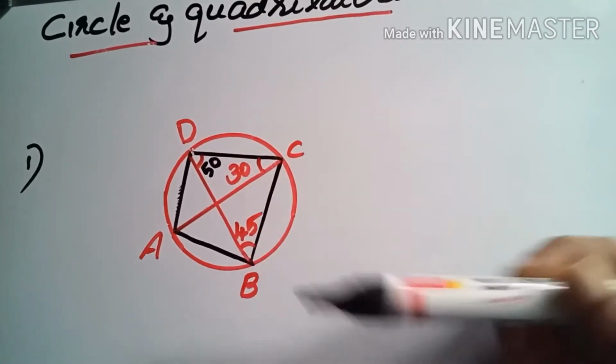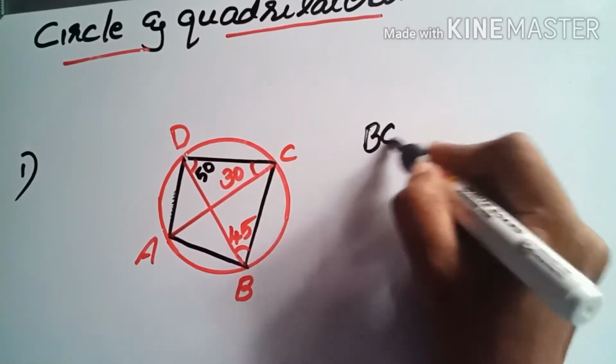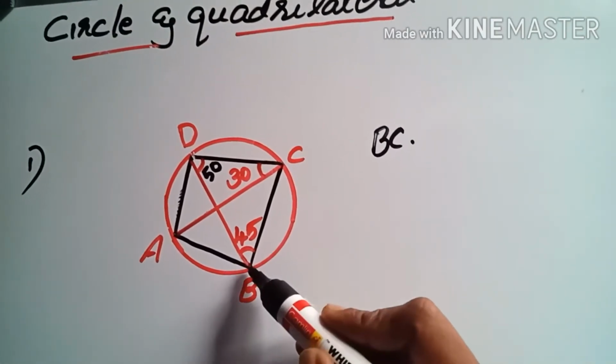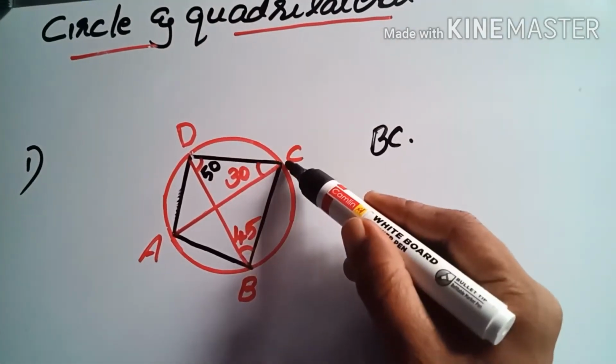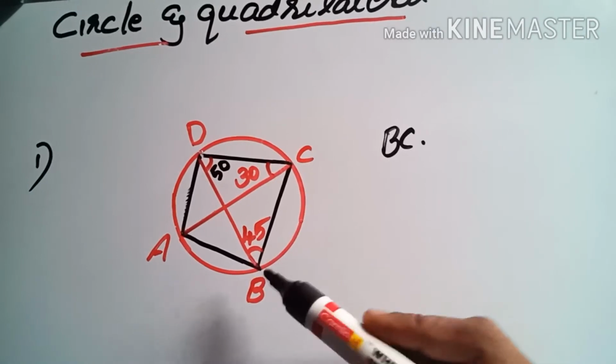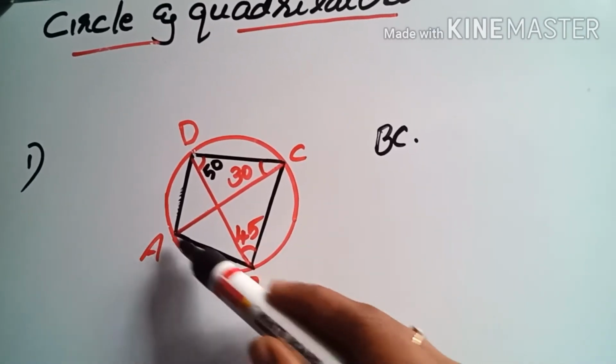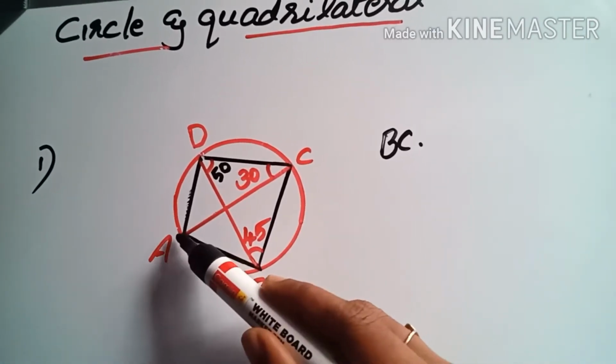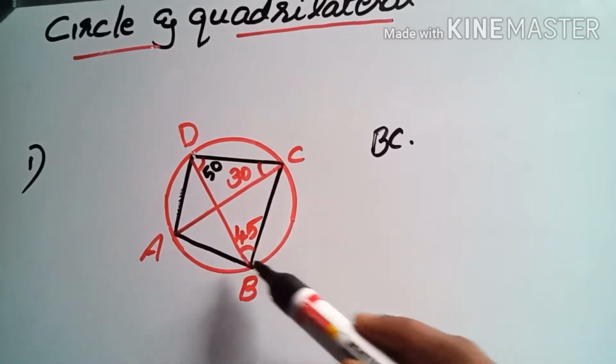Consider the chord BC. Now starting from the point B and ending at the point C, which are the angles? So B, A, then from A to C. Okay, one angle we got.